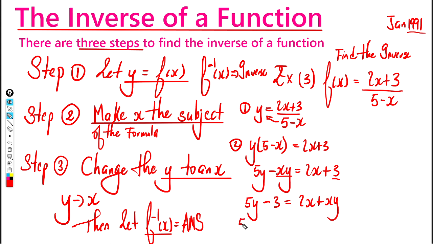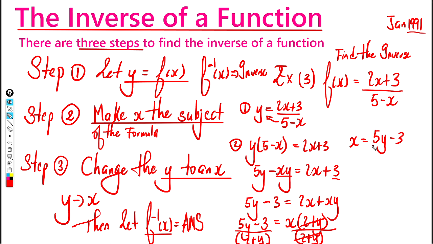I'm going to end up with 5y minus 3 is equal to x times 2 plus y. And the last thing to do is just divide both sides by 2 plus y. This will cancel that, and I'm going to end up with x is equal to 5y minus 3 over 2 plus y.